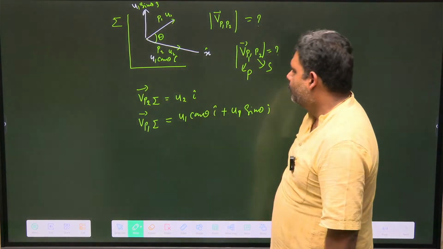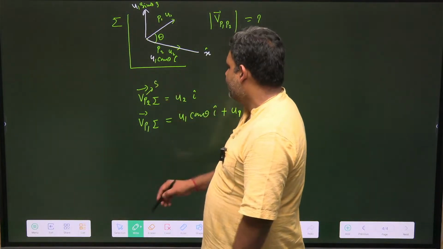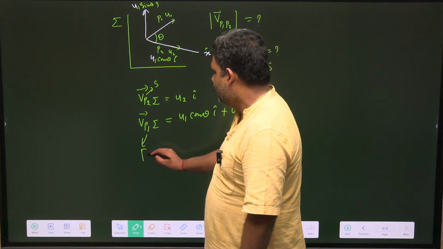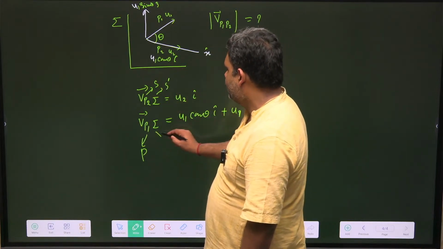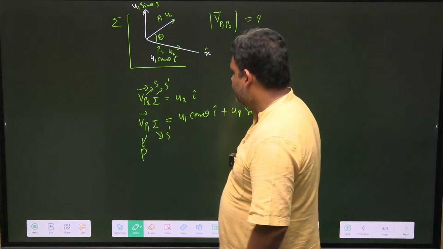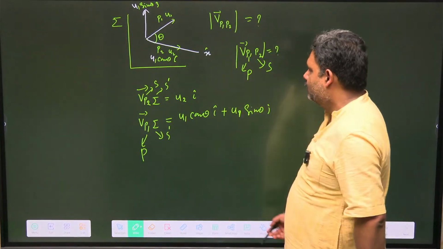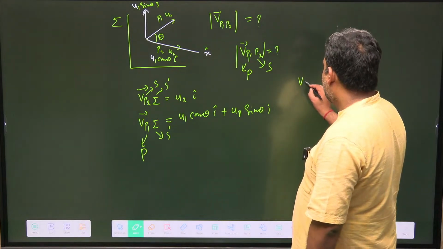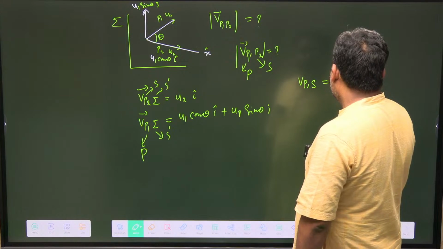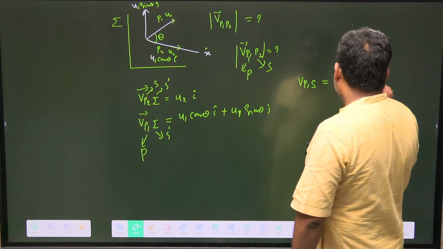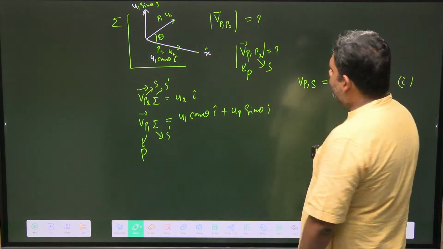So again I will put it here. P2 is my S frame, P1 is my particle, and this is my S dash frame. So what do I have to do for the i cap direction? For the i cap direction, the velocity of the particle with respect to S is the velocity of the particle with respect to S dash plus the velocity of S dash with respect to S, in the i cap direction.